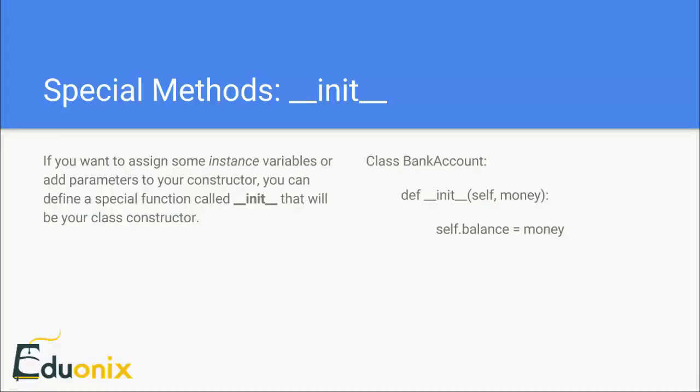So as we saw from our Python interpreter session, the self parameter to all of your class methods needs to be there, but is implicitly passed. It refers to the object that this method is currently being called on. If you want to add some functionality to your constructor, for instance, add a parameter and assign a variable when you're creating your object, instead of later using some other function like we did with the paint car method, you can define a special method with a specific name that will get called when you create the object, called double underscore init, with two underscores, then the word init, then two more underscores.